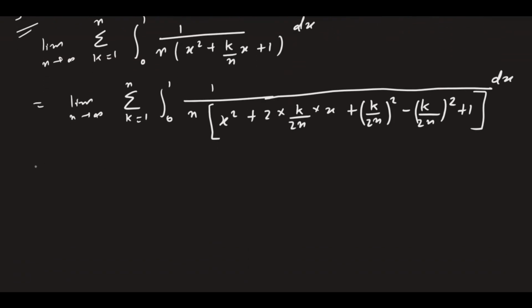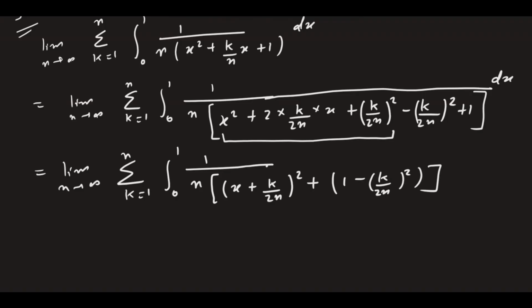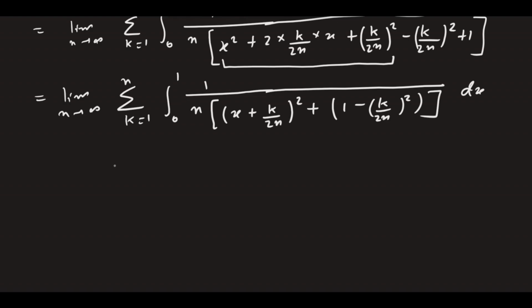So now this will be limit as n goes to infinity summation k from 1 to n integral from 0 to 1 of 1 by n times x plus k by 2n whole square plus this 1 minus k by 2n whole square.